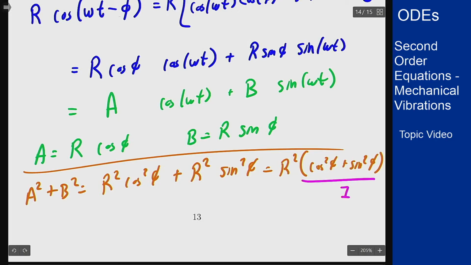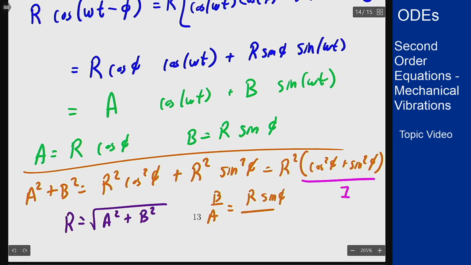This means I can find r by taking the square root of a squared plus b squared. If I look at b over a, this becomes r sine phi over r cosine phi, which is tangent of phi.